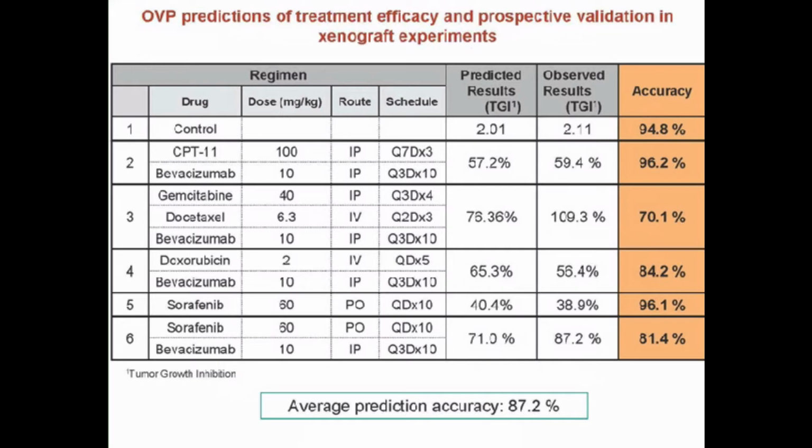In this column, you see our predicted TGI, tumor growth inhibition, and on this column, you see the real-life effects on the xenograft. It was prospective, so it took some time to obtain them, and you see that our accuracy was 87.2%, which is considered very high.